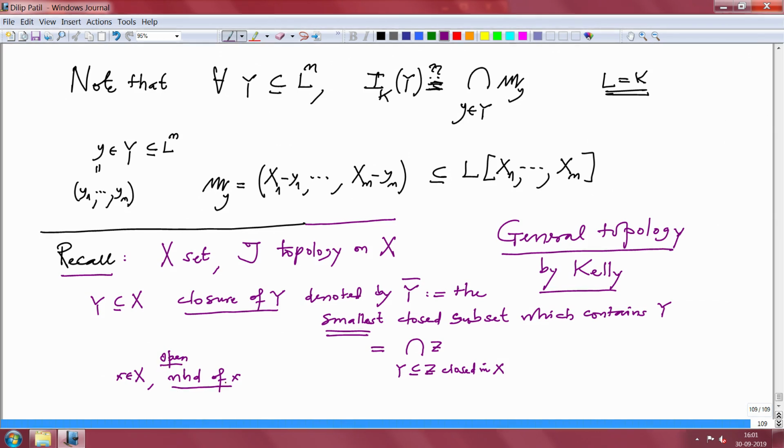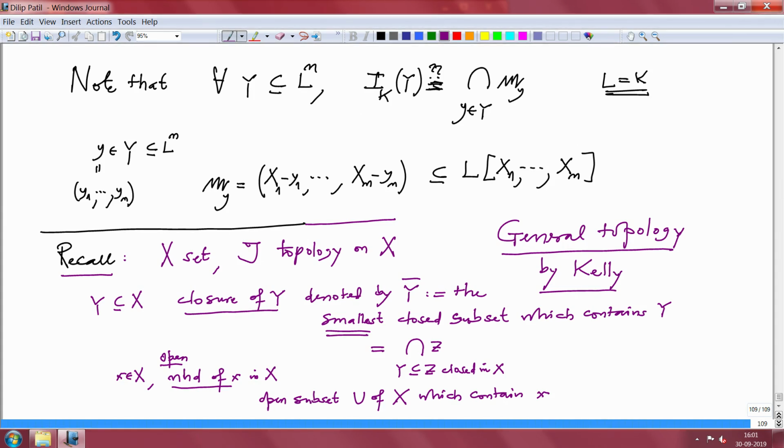An open neighborhood of a point in X is precisely an open subset U of X which contains x.